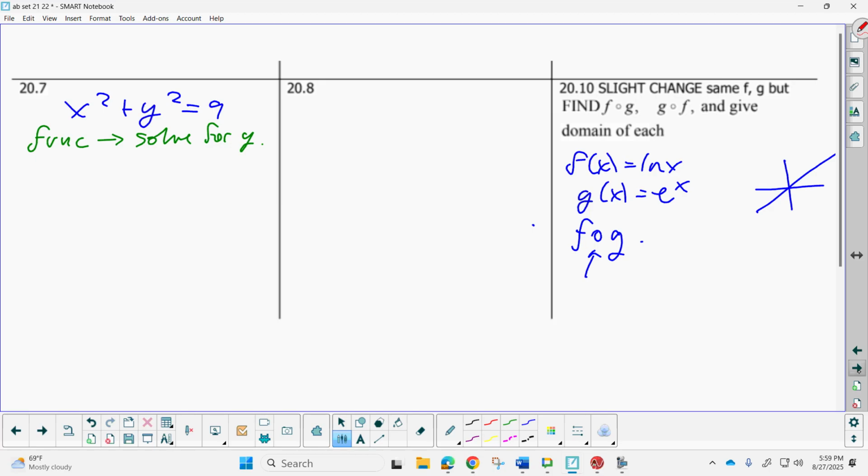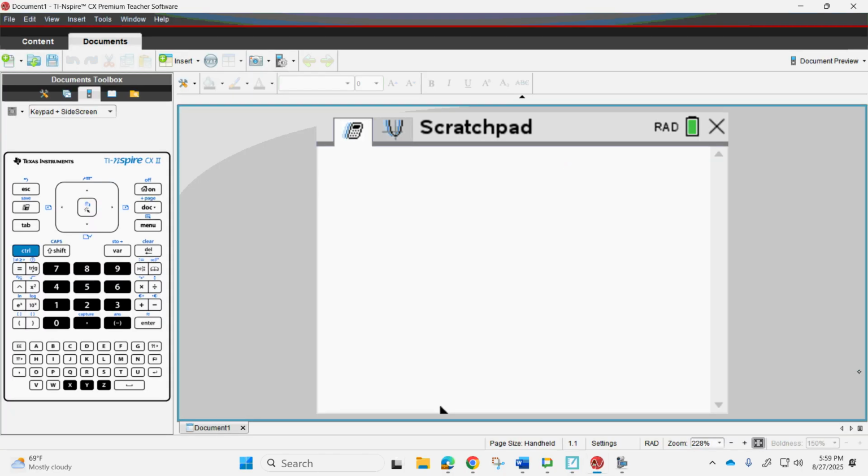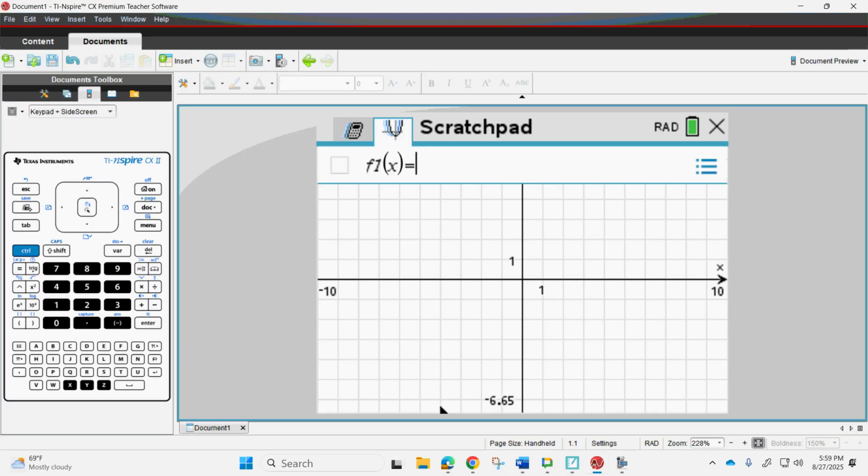Go to 20, number 7. This is largely a graph it in your calculator kind of exercise. Now, I want to review this on 2 levels. First of all, if you wanted to graph this in your calculator the way it was, feel free to go grab a calculator if you want.